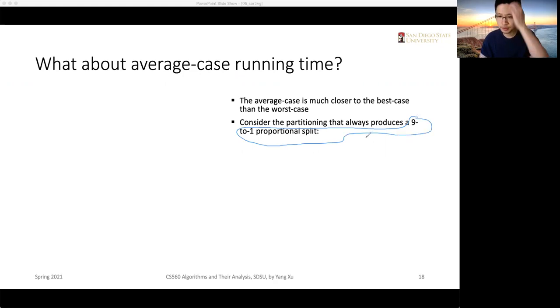That is to say, 10% of the input elements would be in one sub-array, while 90% are in the other. And we assume that the partitioning is always a proportional split. Of course, this is a simplified analysis, because we are only considering the average proportion. But let's see what would happen.